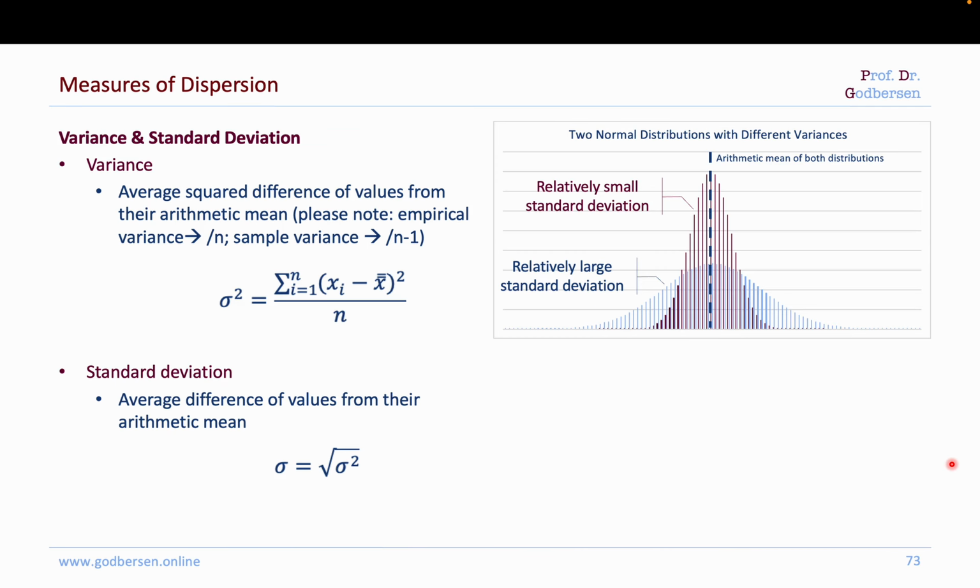What I say, the more fun measures of dispersion are the variance and the standard deviation. And here, I suggest all hands on deck. Of course, if you understand the variance, you have understood a lot about the heart of statistics.